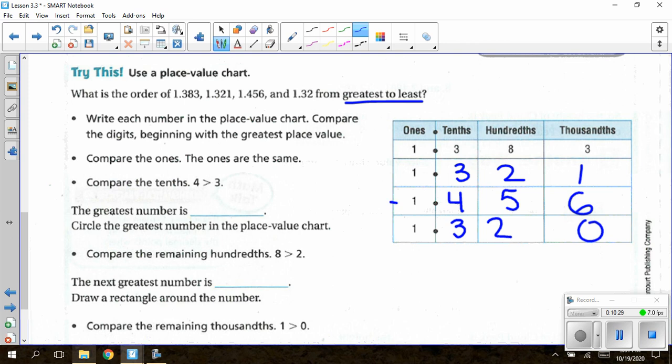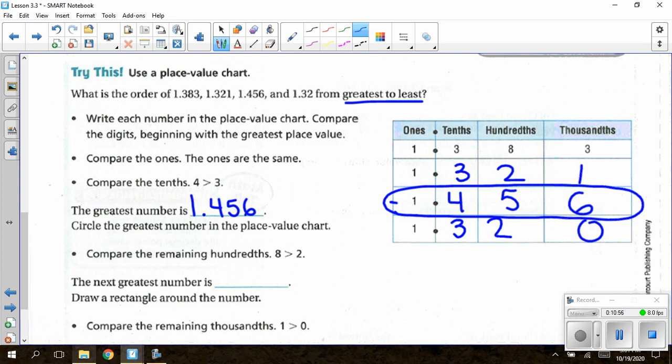Obviously, my 4 is greater than my 3, so I already know that that is the greatest number. So the greatest number is the 1 and 456 thousandths. I am going to circle this so that way I know that I am done looking at this number. I no longer can use any of the other digits because I've already listed it as my largest number.